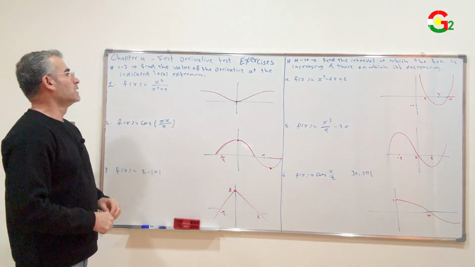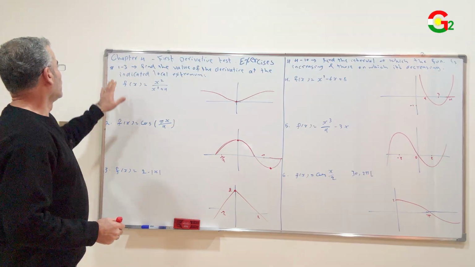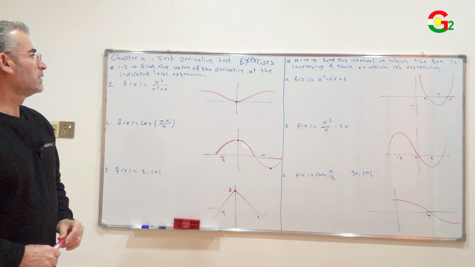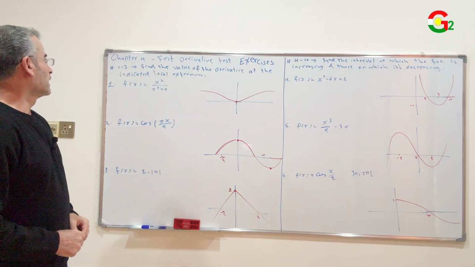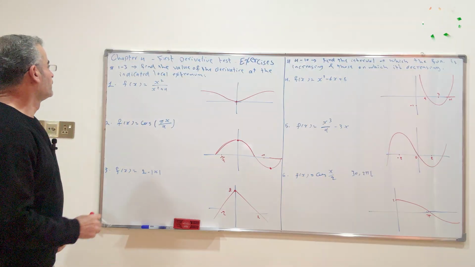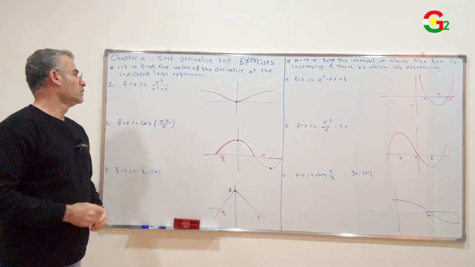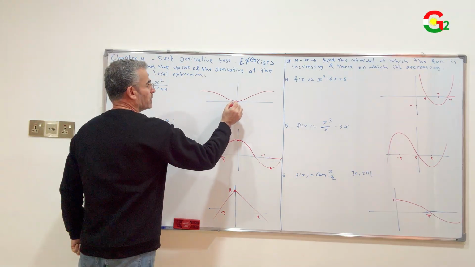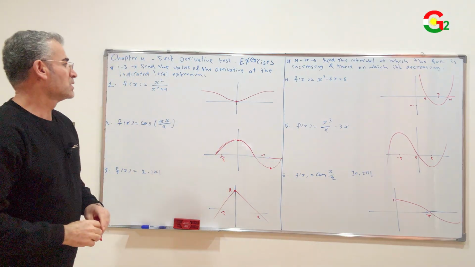Exercises of lesson 4.1. Question number 1 to 3, find the value of the derivative at the indicated local extremum. Question number 1, f of x equals x power 2 over x power 2 plus 4. The indicated point here is the origin point 0, 0.